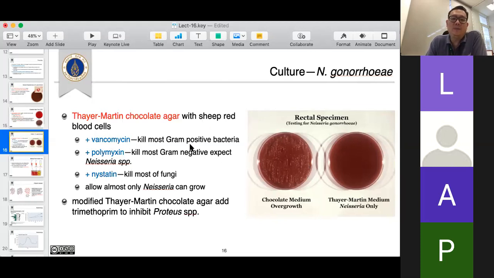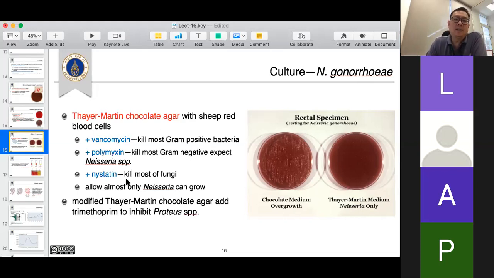Nystatin kills fungi. So Thayer-Martin is chocolate agar plus antibiotics. When you get a specimen contaminated with many normal flora and grow it on enrichment media, everything can grow quite quickly. So this medium stops the other bacteria and lets only Neisseria grow.